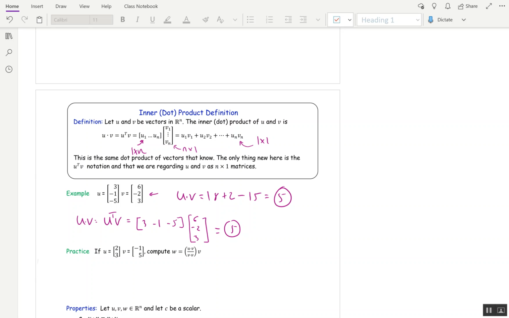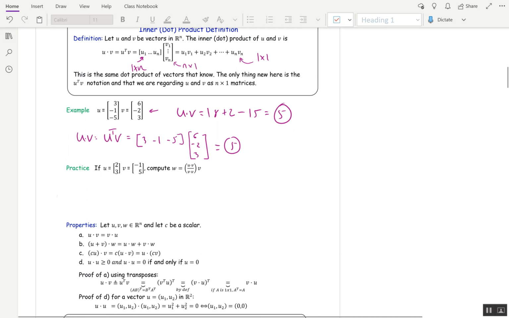So pause the video for a second and try and find this vector w, which is defined as u dot v over v dot v times v. All right, let's see. u dot v, I'm just going to do this in my head, multiply 2 by -1 to get -2, and then add it to 15.